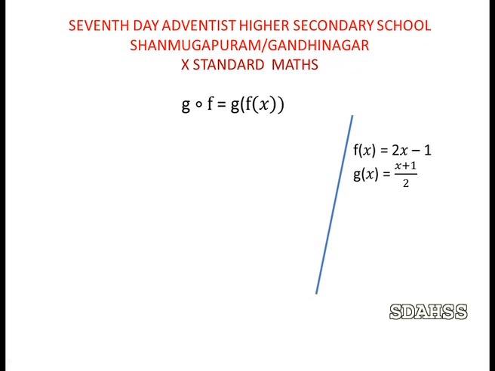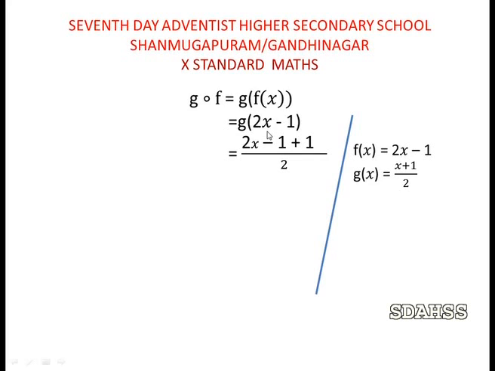Similarly, we want to prove g dot f is equal to x. So you first consider g dot f, which is equal to g of f of x. Now substitute f of x is equal to 2x minus 1. So you have g of 2x minus 1. In the function of g of x, you have to replace x is equal to 2x minus 1.